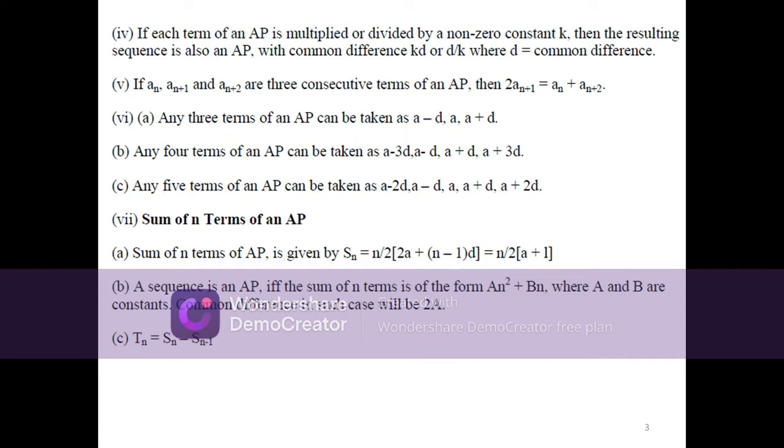Similarly, any five terms of an arithmetic progression can be taken as a minus 2d, a minus d, a, a plus d, a plus 2d.